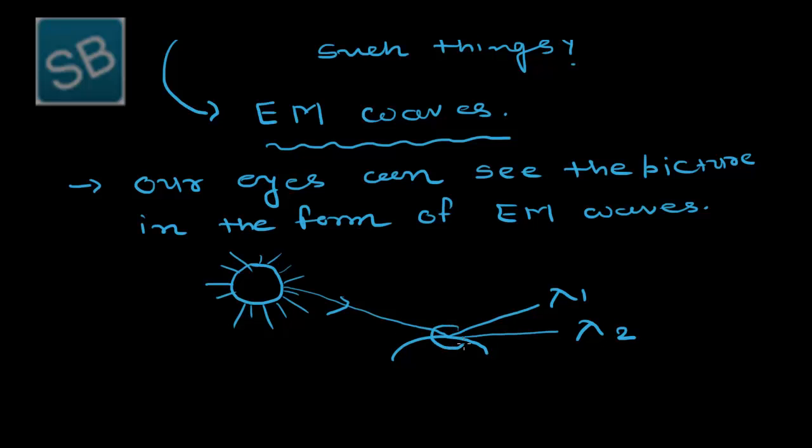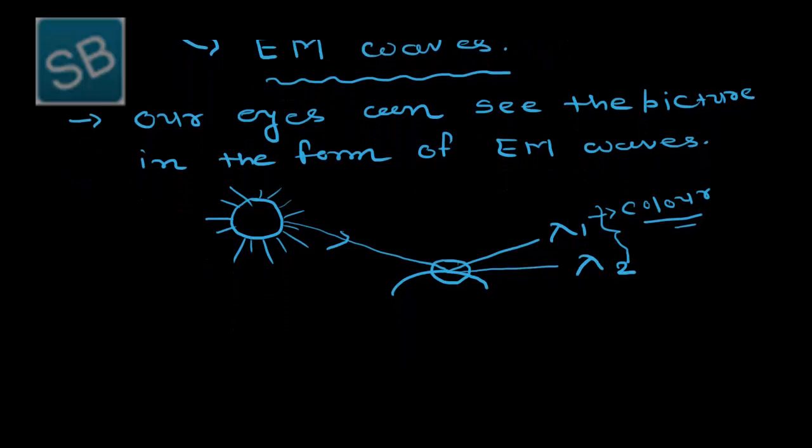So suppose here is one particular fly in the sky, and that is reflecting these kinds of wavelengths according to its particular color. So each wavelength consists of a particular color, and that color is reflecting to our eyes due to the electromagnetic waves. And it is not necessary that each wavelength is of a particular color, but it should be of a particular frequency, and that frequency consists of color.